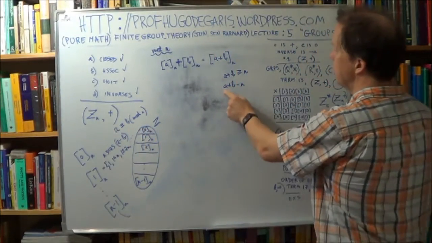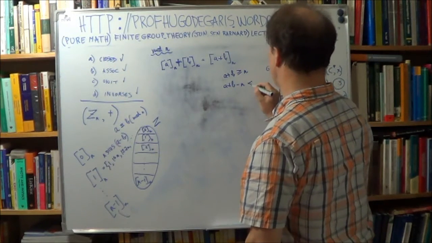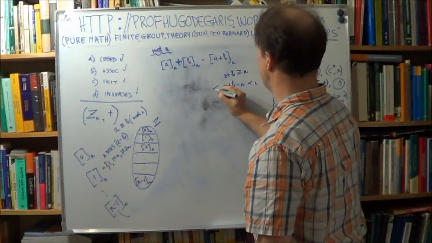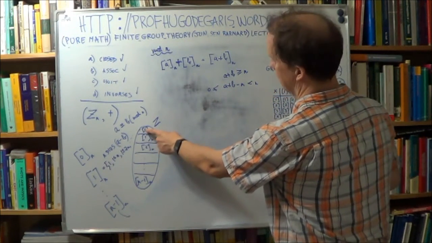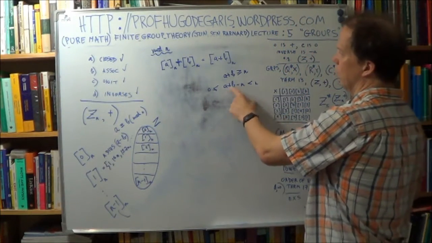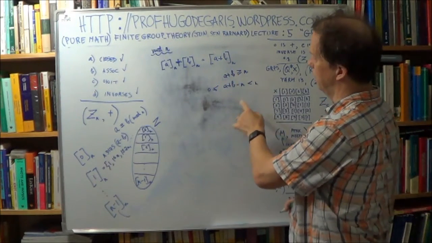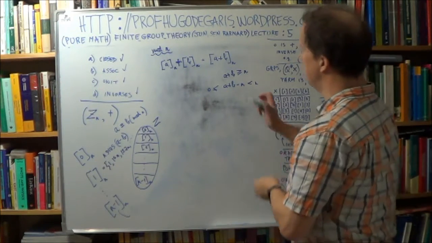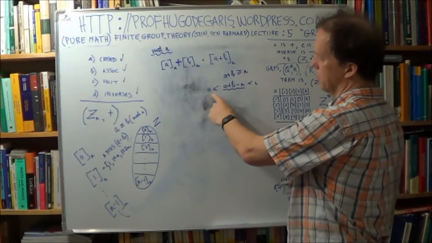So this number will be less than n and greater than or equal to 0, because your smallest one is 0 here.